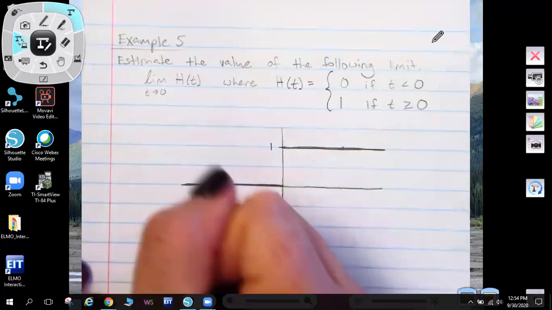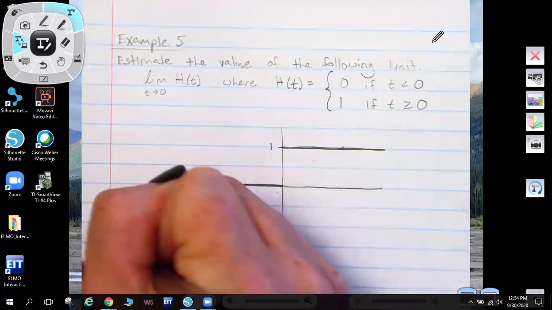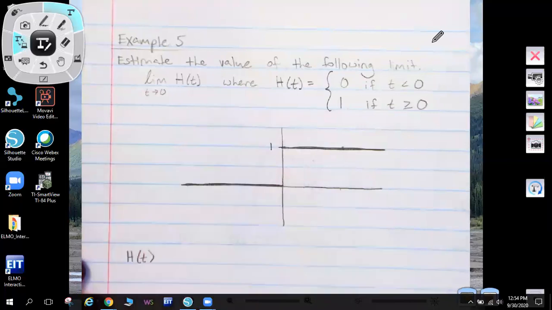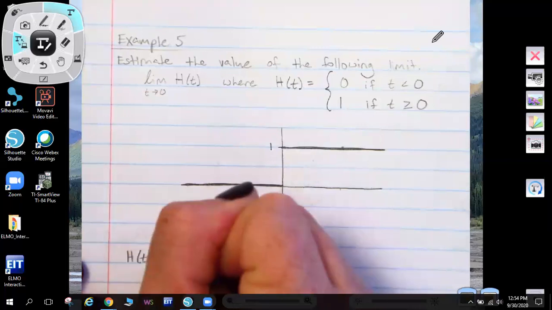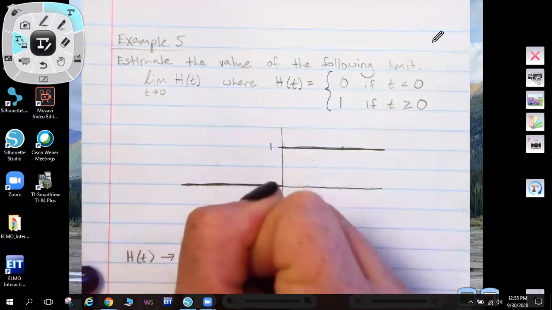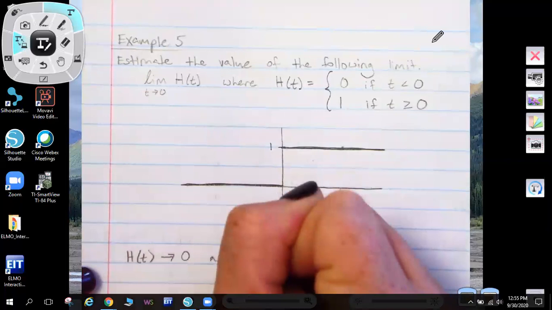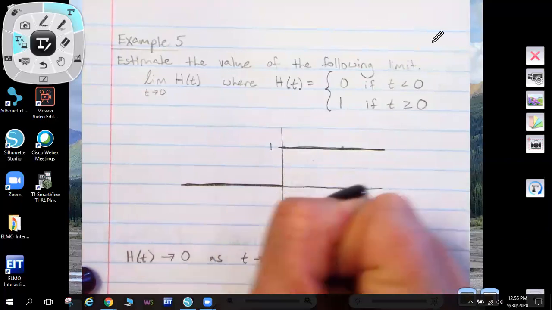Okay, let's say h of t, which is our function, approaches 0 as t approaches 0 from the left.